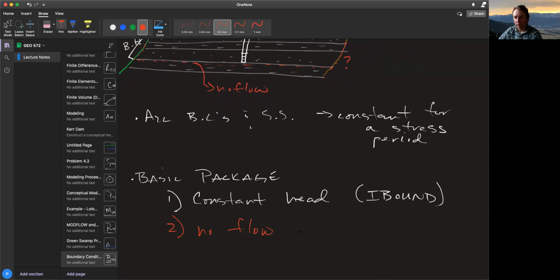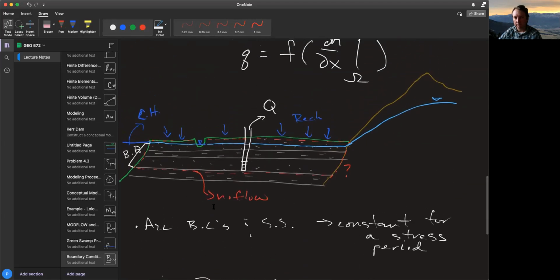And no flow is just a special case of constant flux. But these are the two boundary conditions I can apply. So no flow, this one is basic package, and I can do both of those just with the I-bound.